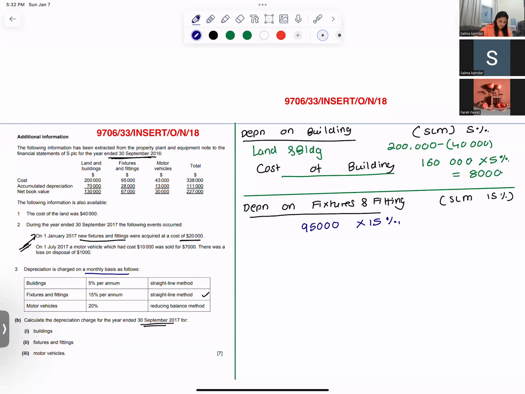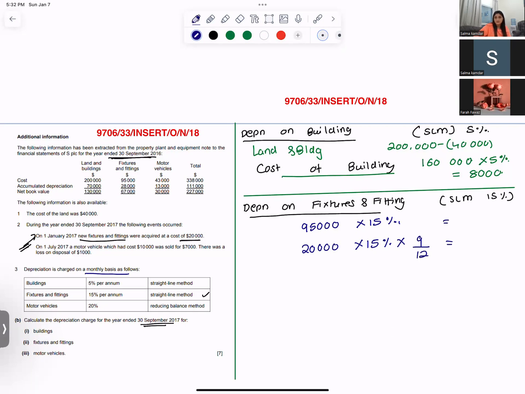What is the new fixtures and fittings that you have purchased? 20,000. For how many months are you going to use it? Jan, Feb, March, April, May, June, July, August, September. 9 months.